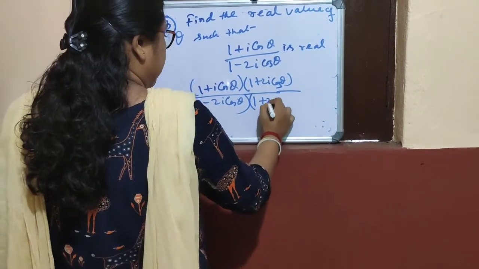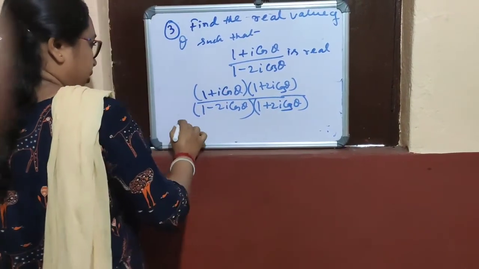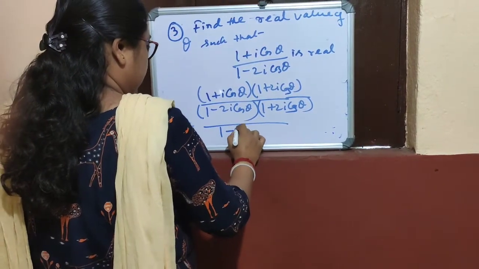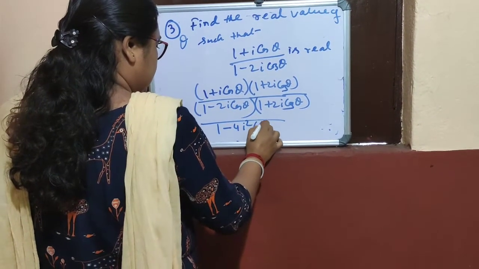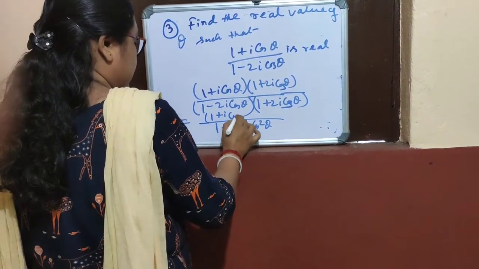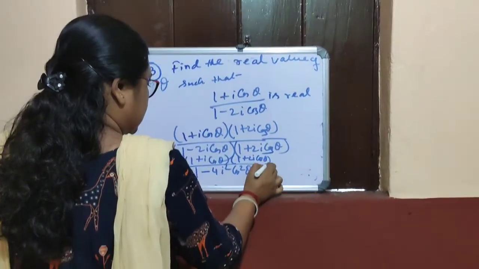And here 1 plus 2i cos theta, or a square minus b square, means minus 4i square cos square theta. And here 1 plus i cos theta, 1 plus 2i cos theta.